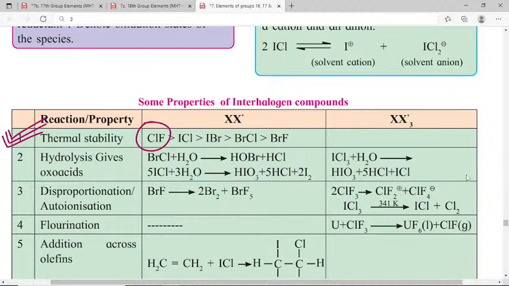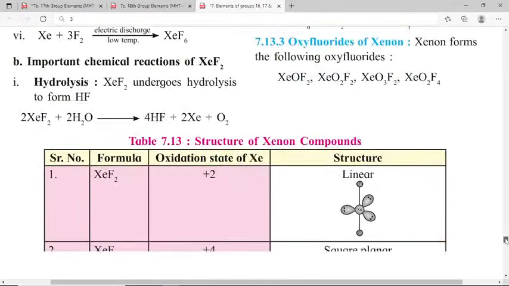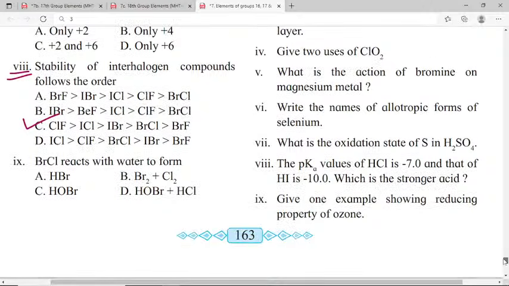Thermostability: ClF, ICl, IBr, BrCl, BrF. Stability of interhalogen compounds: ClF is greater than ICl, IBr, BrCl, BrF.